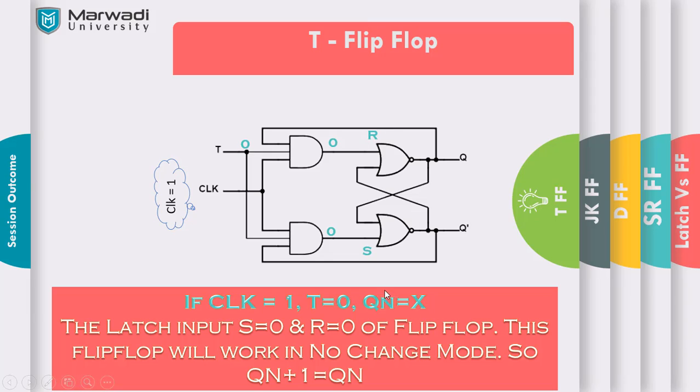So again your RS latch is having the 0 0 input, so output will be in the no change condition. It means whatever present state you assume, that will be the next state also. So if Qn equal to, let's say 0, Qn plus 1 equal to 0. If Qn equal to 1, Qn plus 1 is also equal to 1. Right, so it is known as no change mode when T equal to 0.